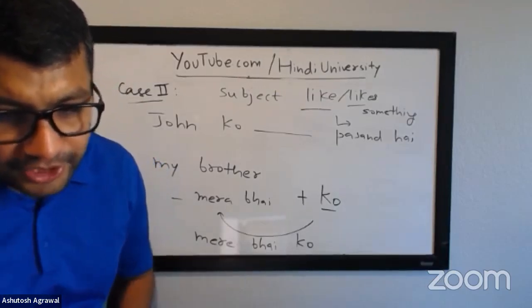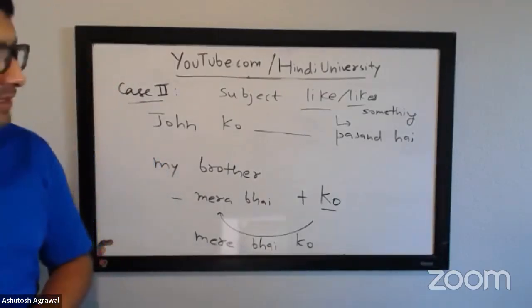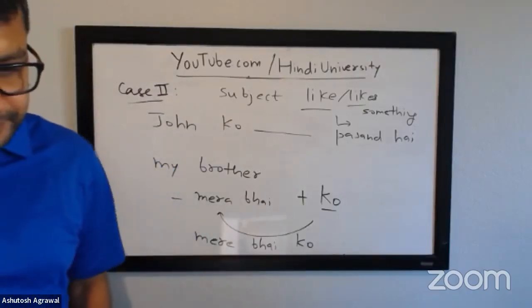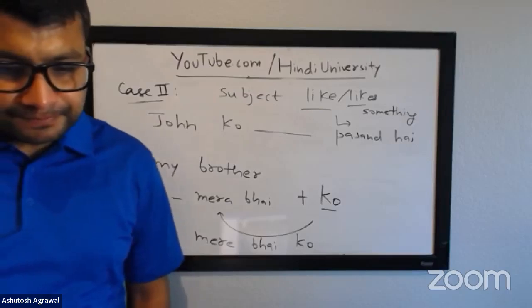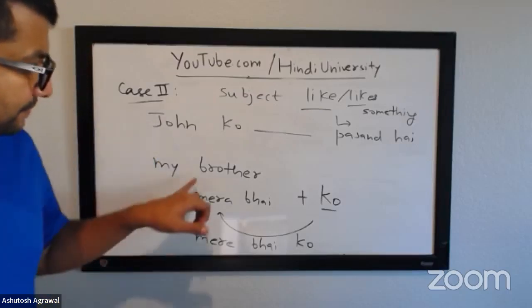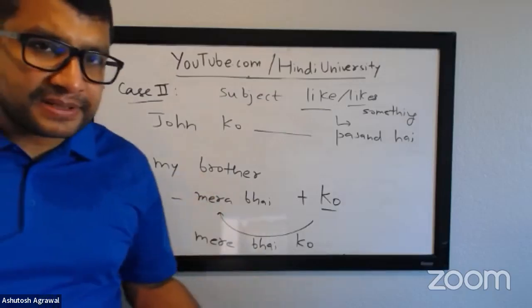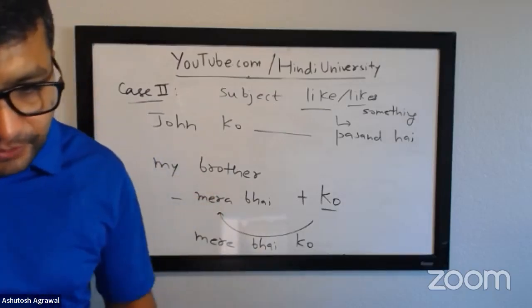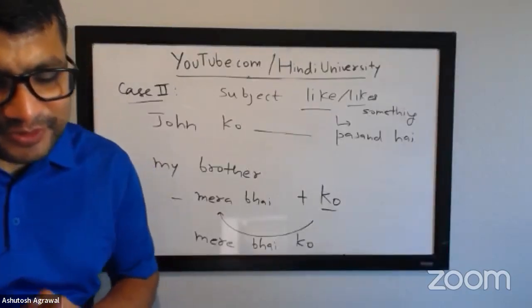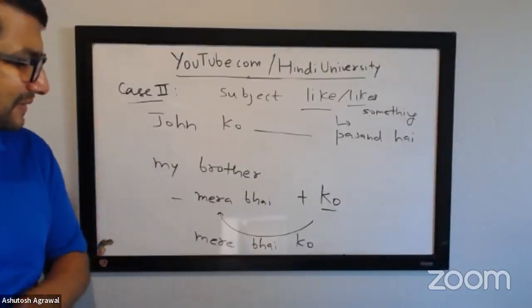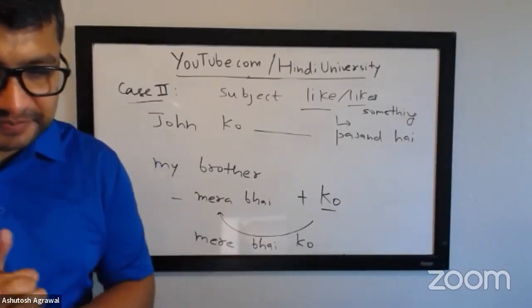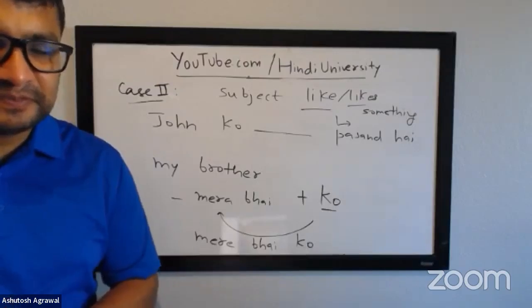Let's do some more. Chandra ji, you want to unmute yourself and tell us some sample sentences? उनको सेब पसंद है. They like apple. Okay. Let's see. Rita ji, good to have you. How are you doing? You want to try it out? हमें तैरना पसंद है.